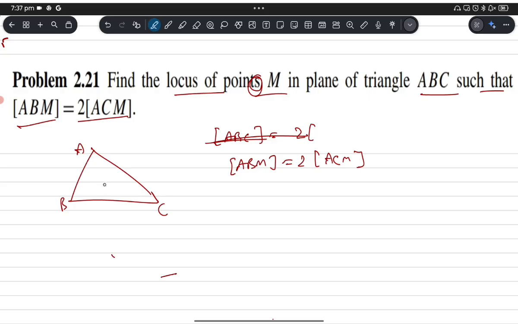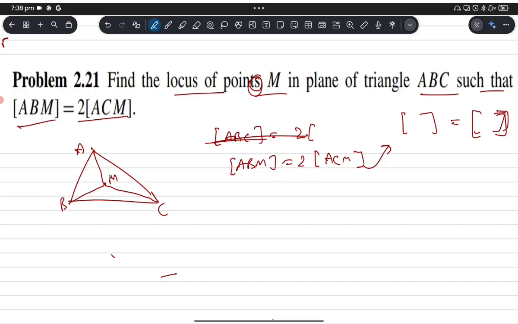So let's say M is here somewhere. So this is ABM and this is MAC. What are we comfortable with? We're comfortable with a situation like this. We don't know how to deal with it if some sort of coefficient is written here, right? So we'll try to take this back to the condition that we're comfortable with.